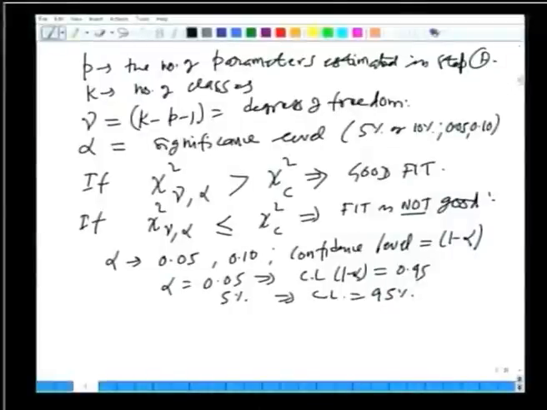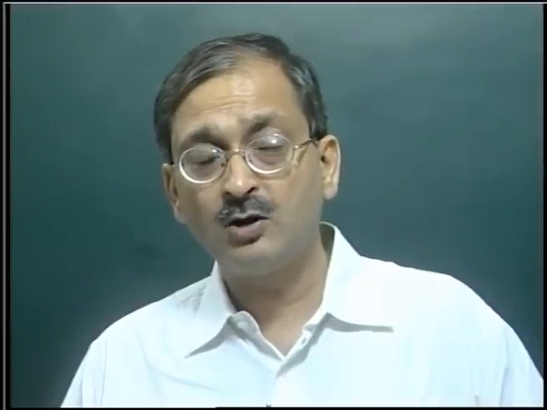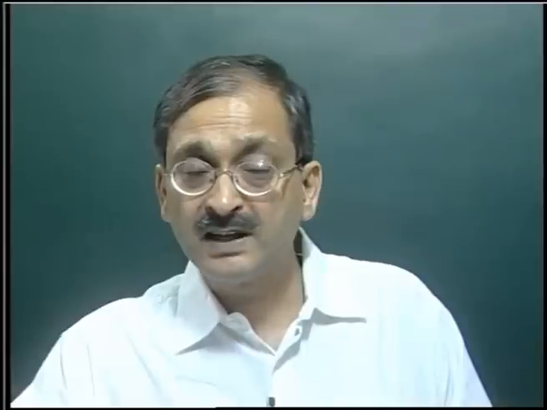Now, what I am going to do next is give you the guidelines for choosing this value of K. K is the number of classes. All right. And as you can see, whether your test of the fit will pass or fail may depend upon the choice of the value of K. Why? Because the value of the standard test statistic chi-square depends on K. All right.